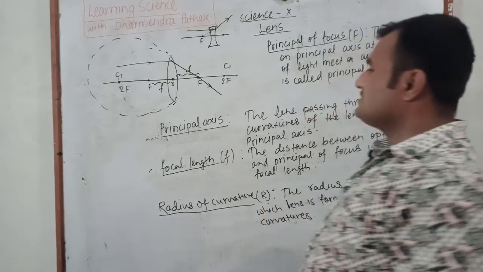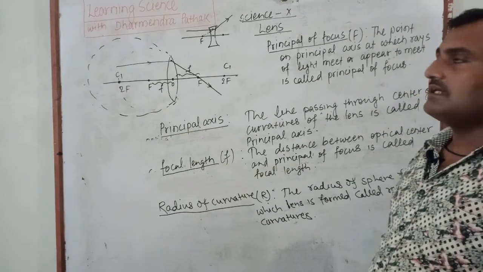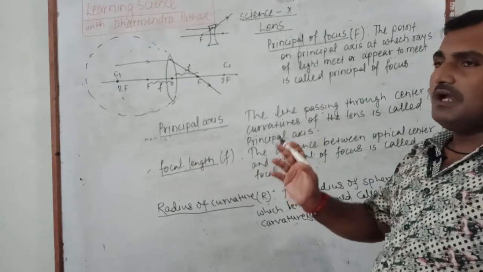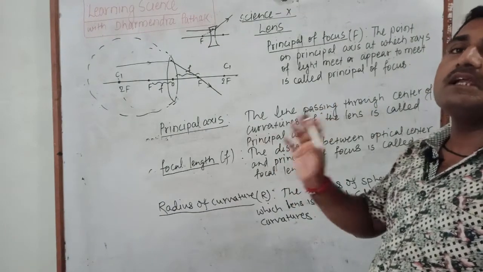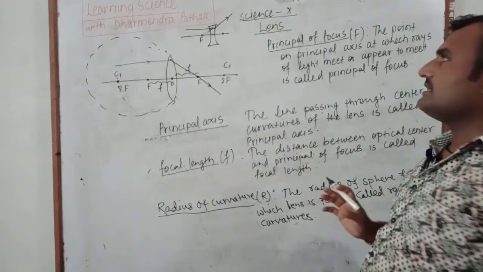And these terms we should know about the lens, then we can easily draw and understand the ray diagram related to convex and concave lens.